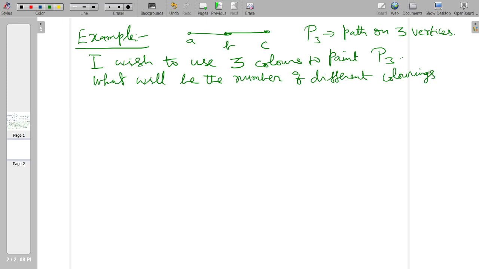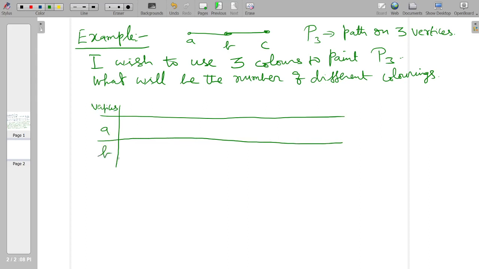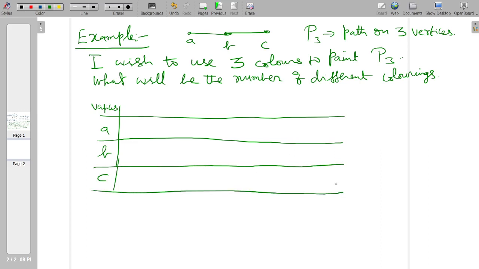So I have to collect the total number of different colorings of the graph P3. For that, I take the vertices A, second one B, and the third one C. Now I will color blue, green, red.